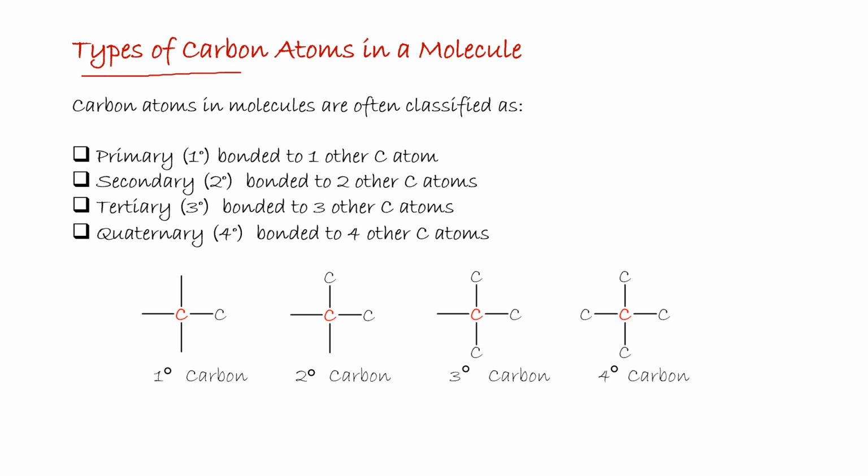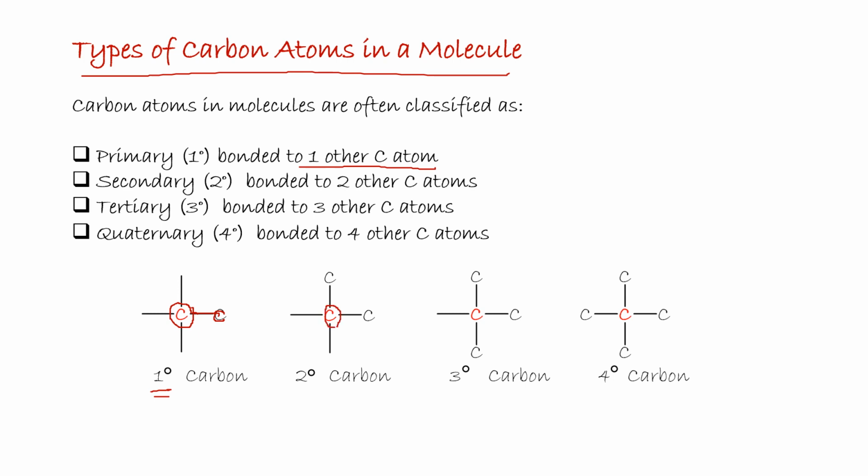Type of carbon atoms in a molecule. We were talking about the red carbon. This carbon is connected to only one carbon in this structure, right? So it is a primary carbon, bonded to one other carbon.